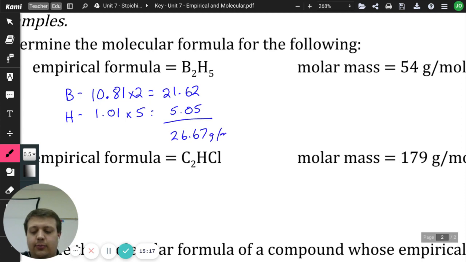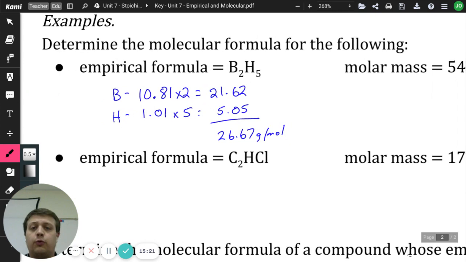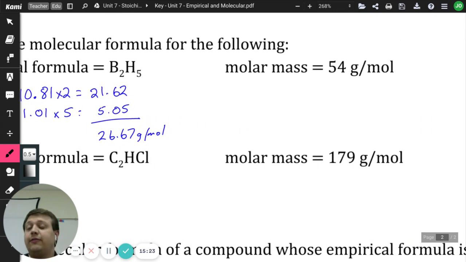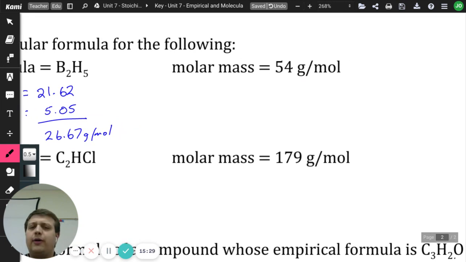26.67 grams per mole. That would be the molar mass of my empirical formula, right? But they're not asking for the molar mass of my empirical formula. They're asking for the molecular formula itself, okay? So how do I figure this out? Well, I know that the total molar mass is 54 grams per mole.